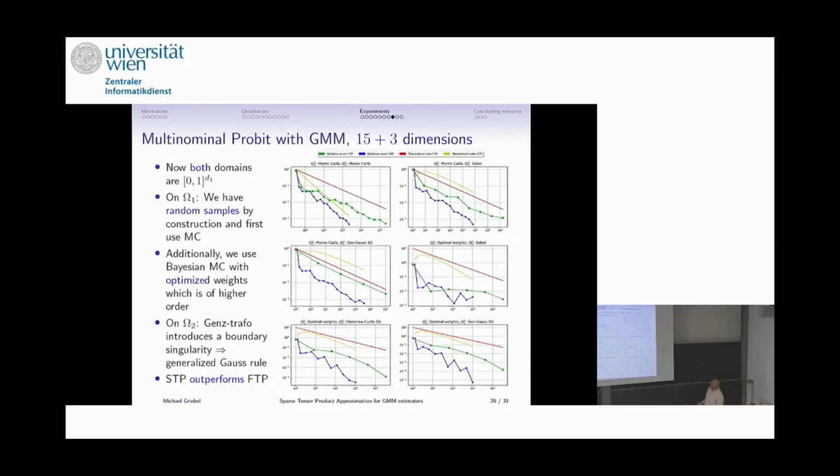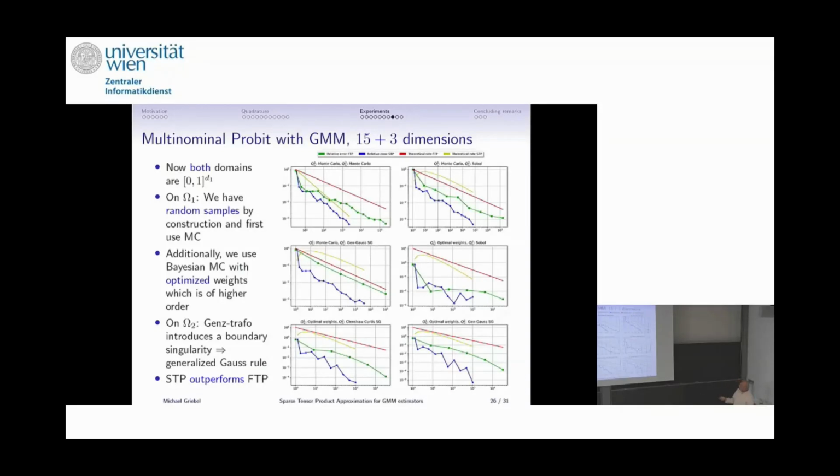And we see the usual. Both domains are here 0, 1. I mean D1 here, excuse me. We have random samples for the first integral by construction, and we use Monte Carlo here, here, and here. And the upshot is that the sparse approach outperforms the full tensor approach for these techniques.